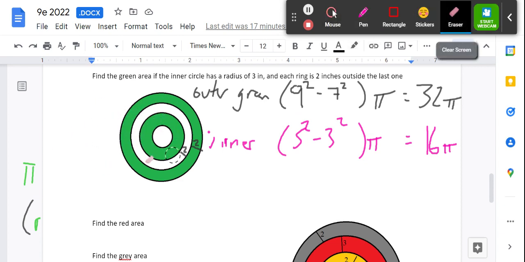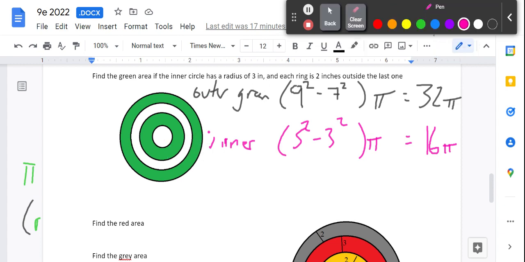So as we go to clean this up, this outside ring, after we do 9 squared minus 7 squared, is 32 pi. The inner green ring has an area of 16 pi. All right, and so we will add these up, 32 pi plus 16 pi.